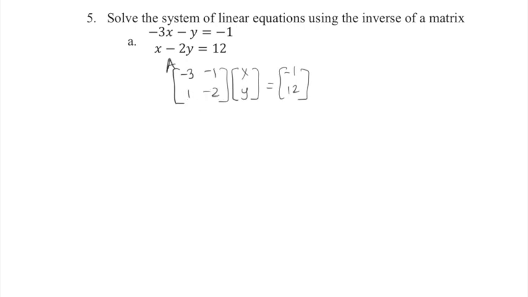So if we consider this to be matrix A, then the inverse of A is 1 over that product, which is 6, minus this product, which is negative 1.